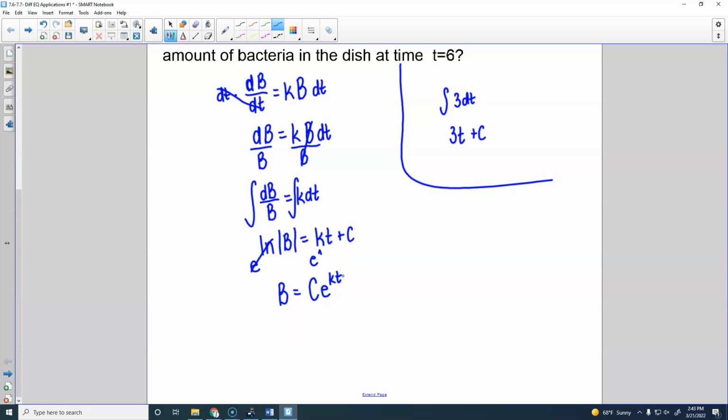This should look familiar. Ce to the kt should look similar to an equation that you use a lot in Math 3 and Pre-Cal.